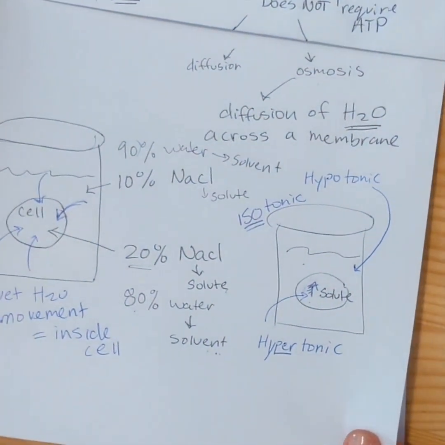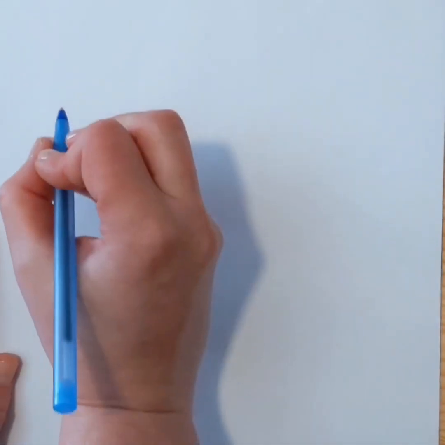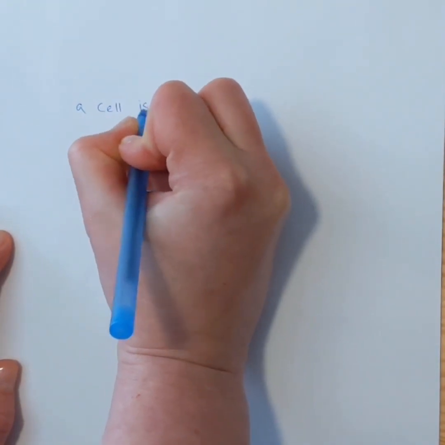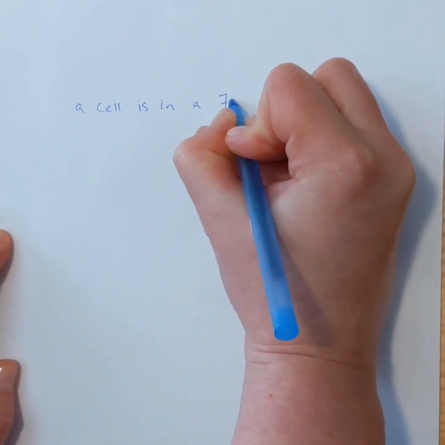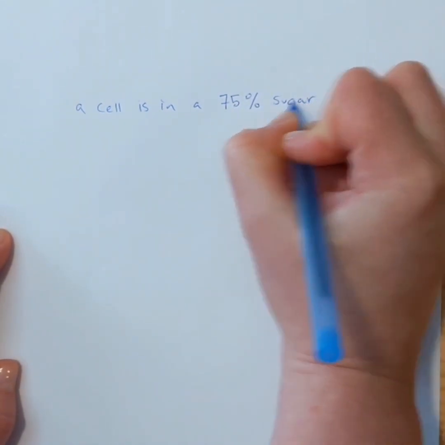So, the way that these diffusion osmosis problems usually work is you're given a setup which is something like a cell is in a 75% sugar solution.